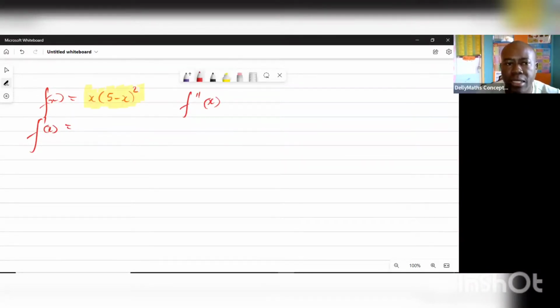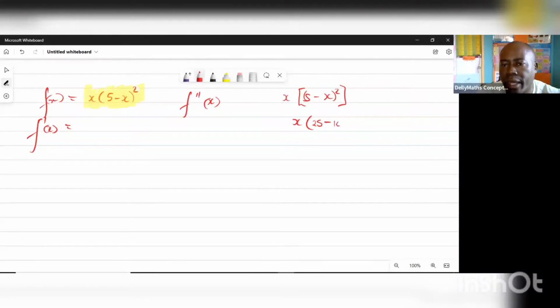So we could take this aside and say, if I have x and I have 5 minus x squared, I could rewrite that as x. Then when I square that binomial, I'll definitely get 25. 5 times negative x is negative 5x.